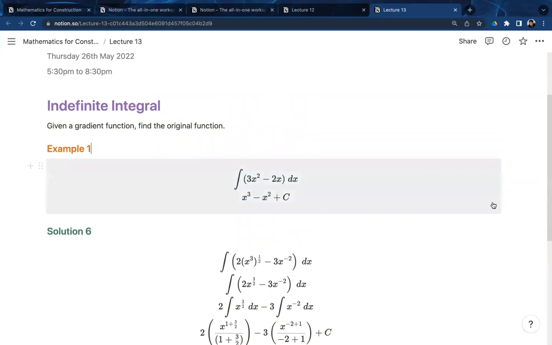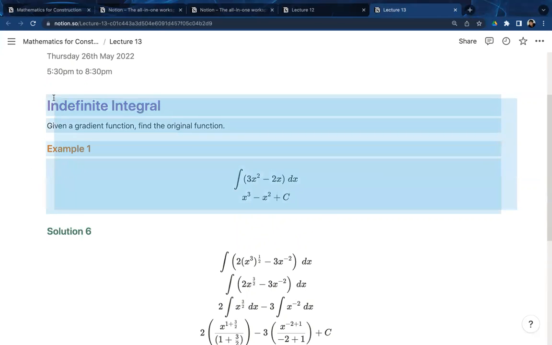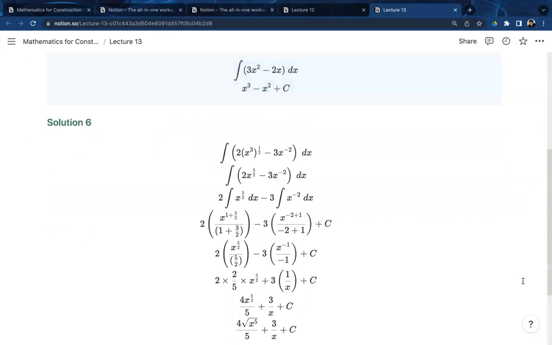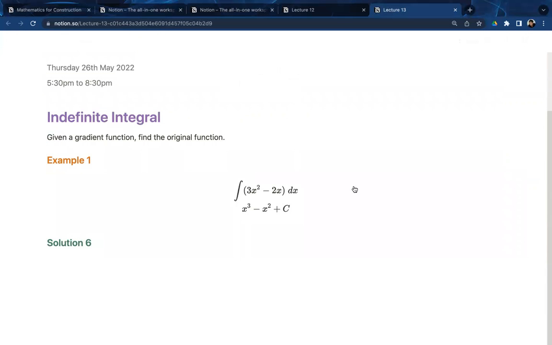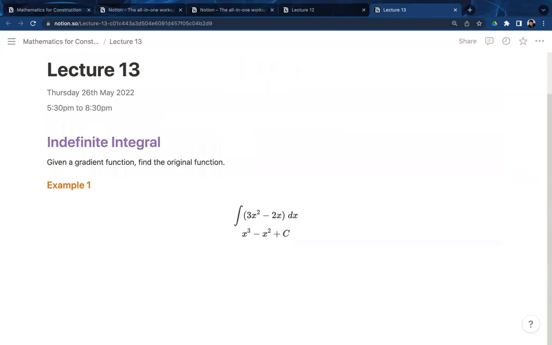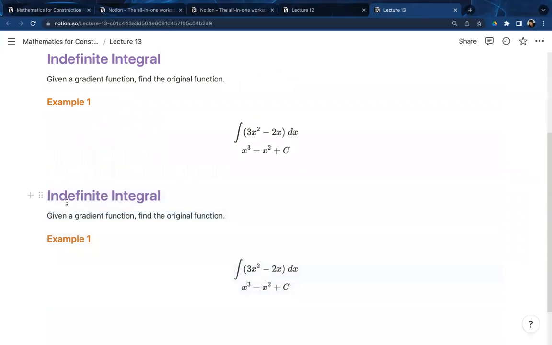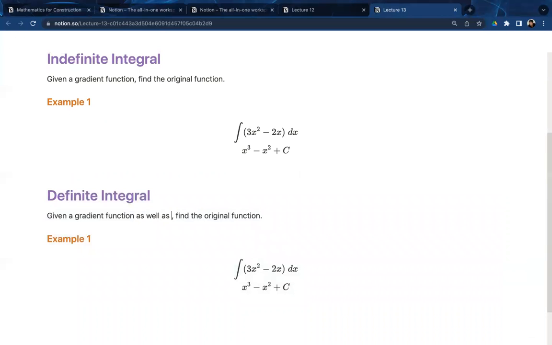Example 1. Definite integral. Given a gradient function as well as x coordinates. Coordinates means two things. Ordinate means 1.